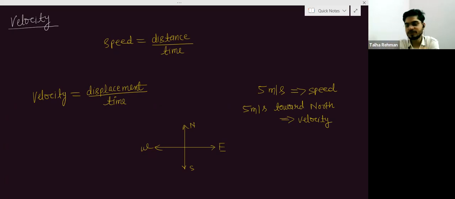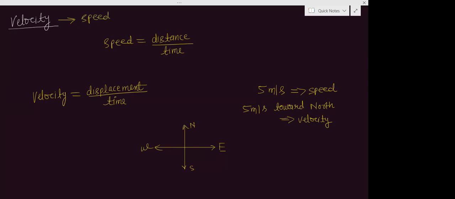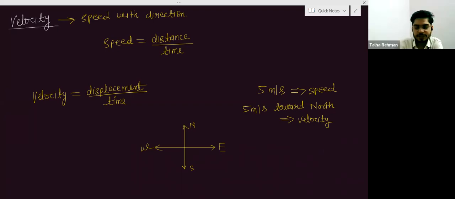So you can say velocity is speed with direction. And velocity is also given by displacement divided by time.